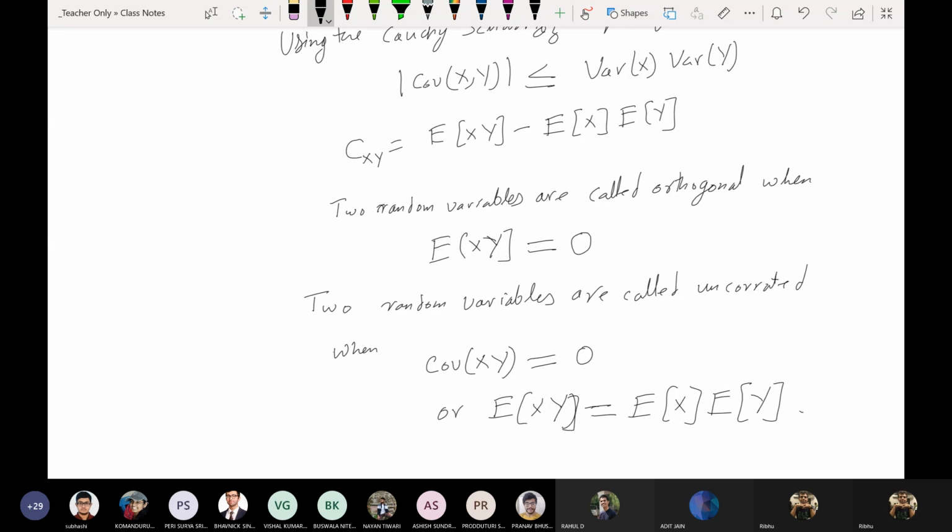Fine. And in the special case of Gaussian random variables, you have the case that uncorrelatedness implies independence.